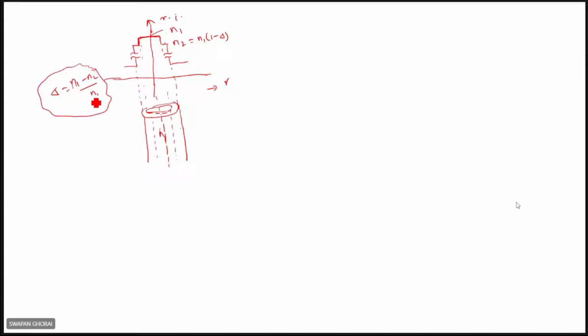And next you see the GI fibers. In case of GI fiber, it is not constant, as I mentioned.